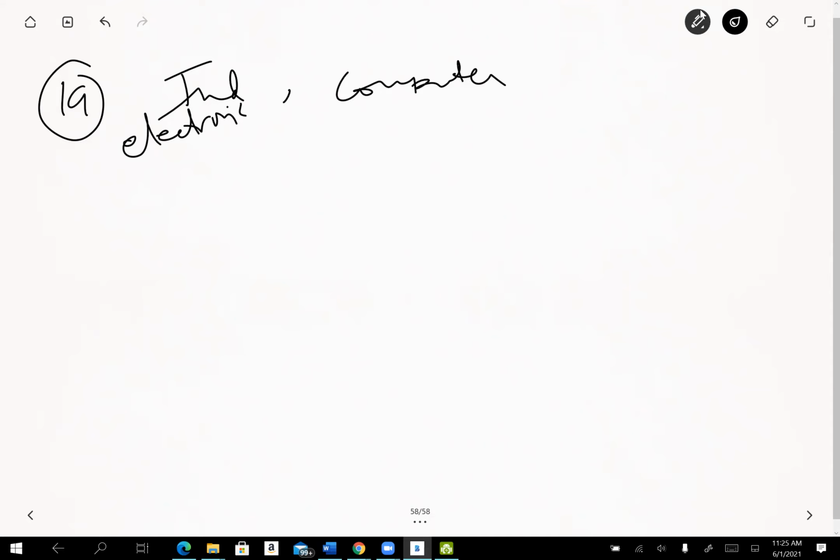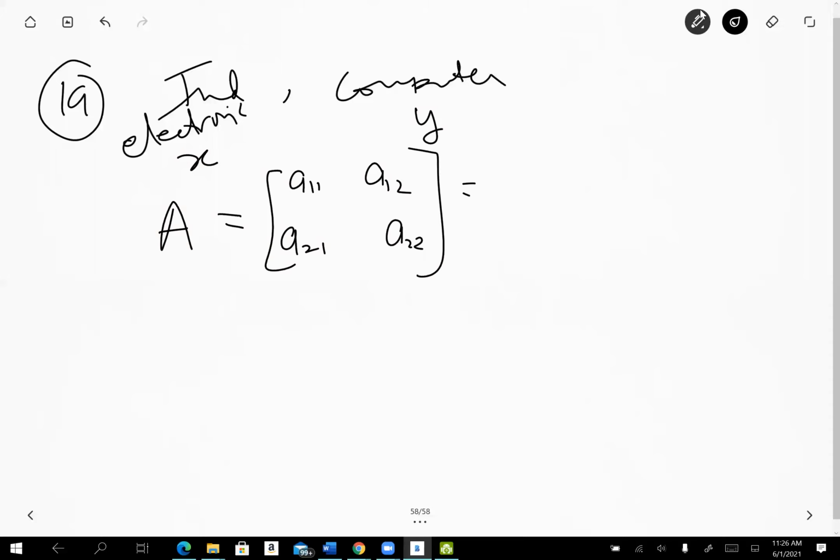So we call the electronic industry sector X, and the computer industry Y. So you want to find the matrix A, which is equal to A11, A12, A21, A22. This is where we put in the numbers.